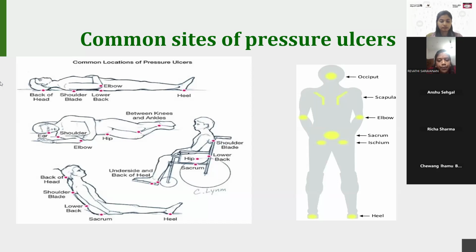Then here, prone position and Fowler's position: back of head, shoulder blade, lower back, sacrum, heel. Then the wheelchair patient. Clearly we have mentioned here, shoulder blade, lower back, hip, sacrum area, then underside of the back and heel are also affected by pressure ulcer.